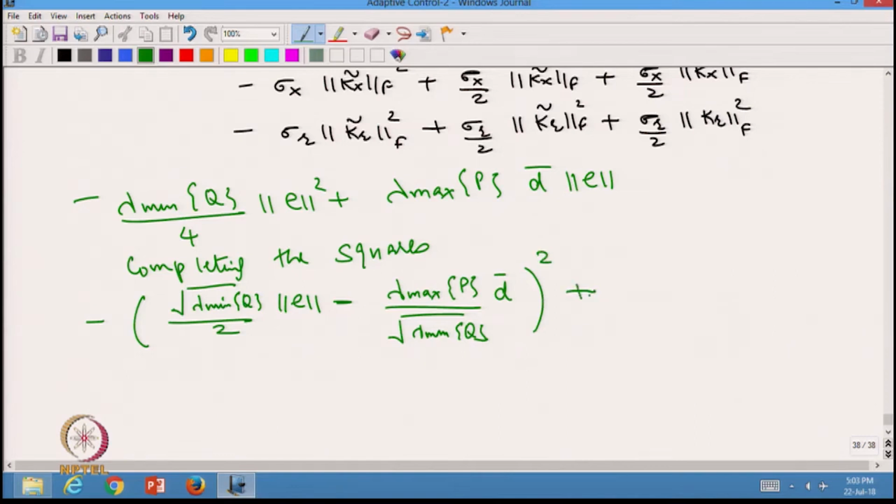Because we add and subtract, the term that we subtracted is used to form this square term, and the term which we added is left as a residue. That is lambda max square d bar square over lambda min of Q. So you can work this out.